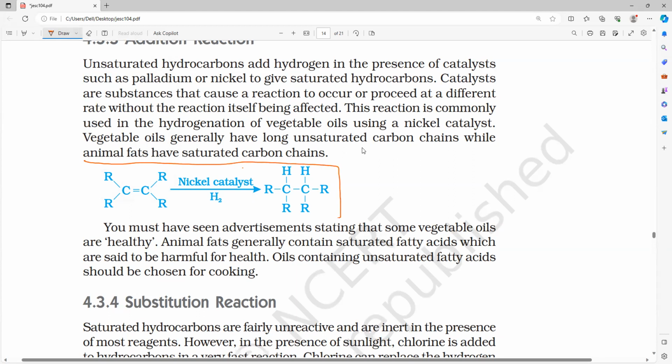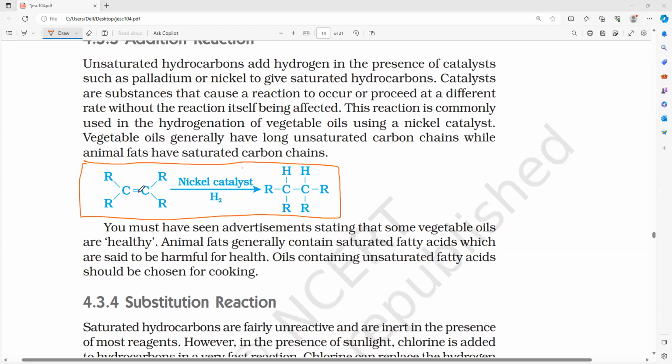Remember, addition reaction means hydrogenation. You have to write this only, because R indicates some other element, some other bond will be there. That is why we are not specifying it.